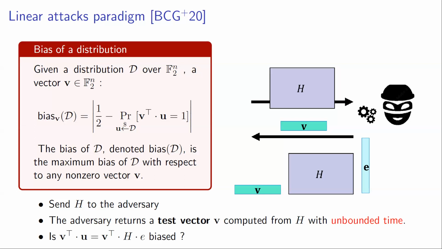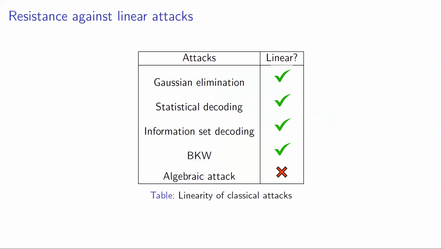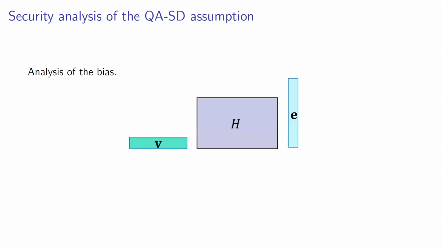So this is the definition of linear attacks, but why do we care about them? We care about them because most of the attacks known in the literature against random decoding in fact fall within this framework of linear attacks, and the few that do not can be dealt with separately. Therefore, we want to show that VHE in our setting is non-biased.